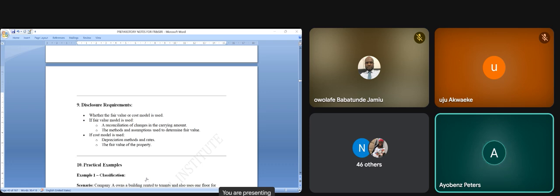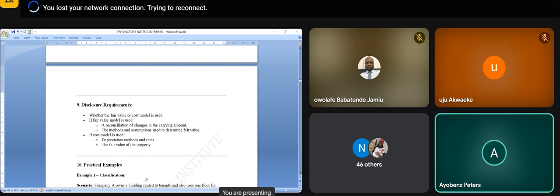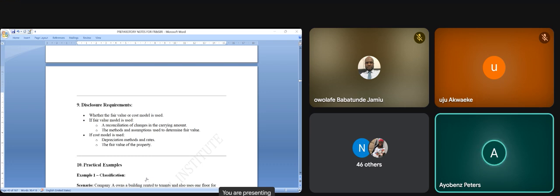Number two, I told you that you can derecognize once the criteria is no longer met. That is, it is no longer bringing in economic benefit and the cost cannot be reliably measured. You derecognize it. That is, you remove it as an investment property from your financial position.